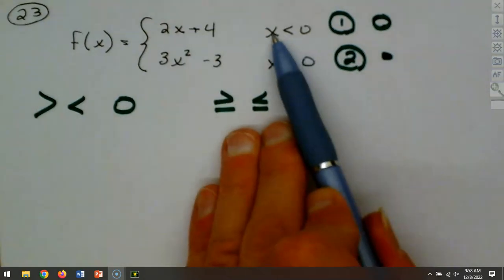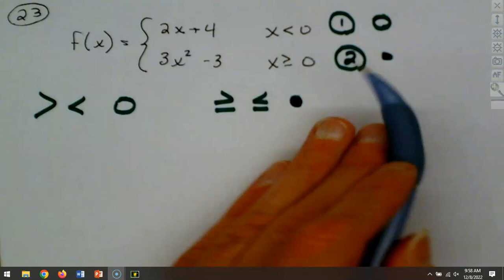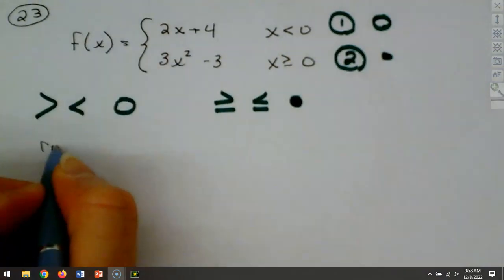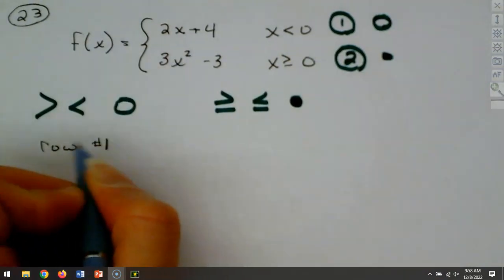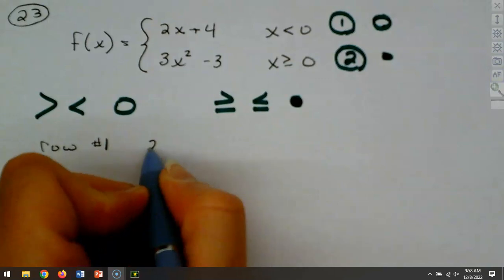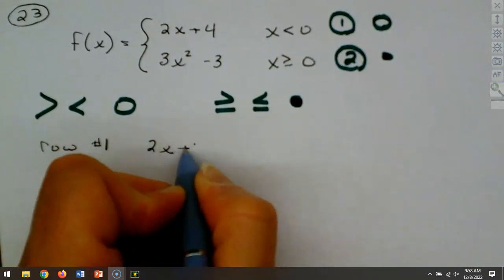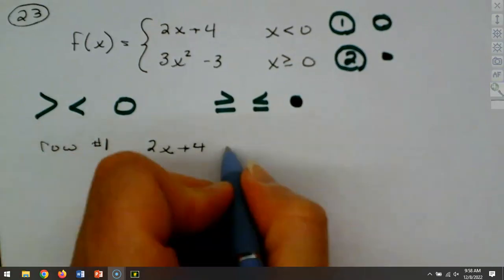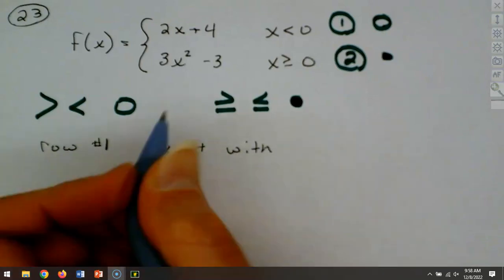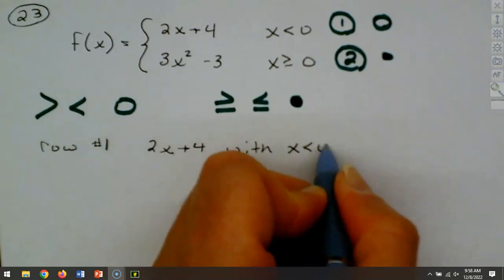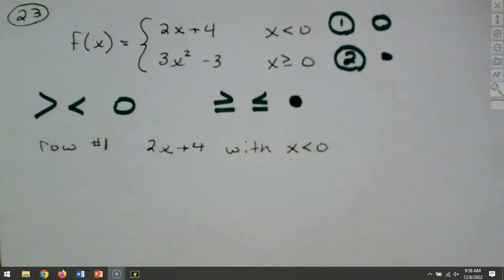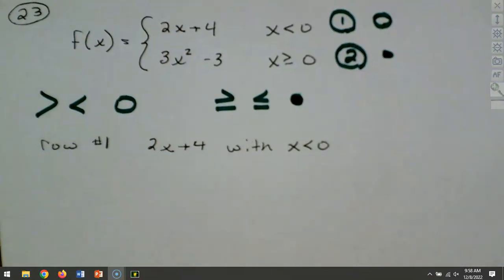And we need to look and see what this is saying. So we're going to do the first row here, row number 1. And that is 2x plus 4 with x being less than 0. Now we know when we graph it, it has to have an open circle. And if it says if x is less than 0, now we need 2 points.